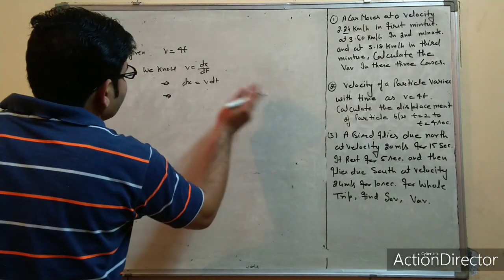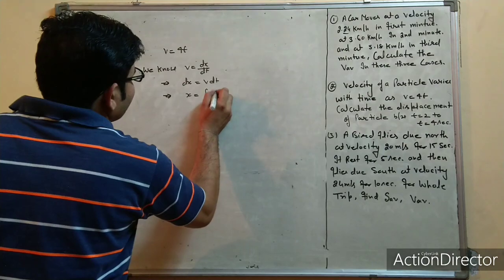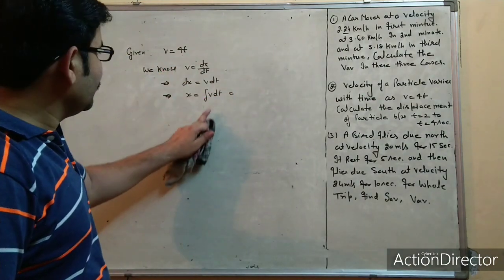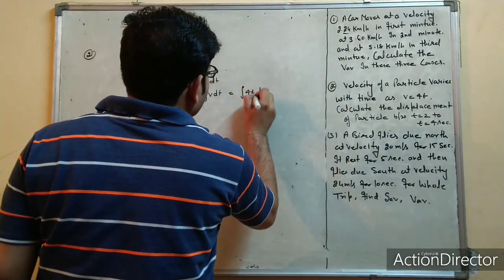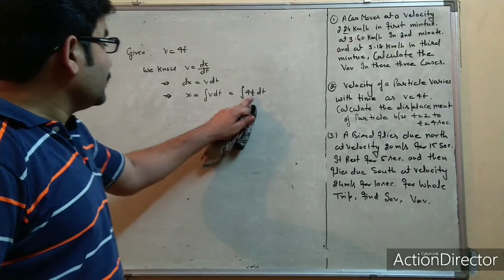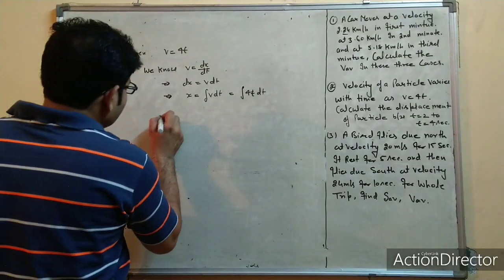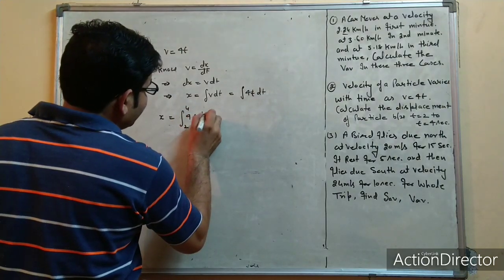For displacement, taking differentiation to that side, integration: x is the integration of v dt. Now what is the value of v here? 40. You have to put it. It will be 40 dt. Now the time limit is 2 to 4 seconds. So x is equal to the integral from 2 to 4 seconds of 40 dt.